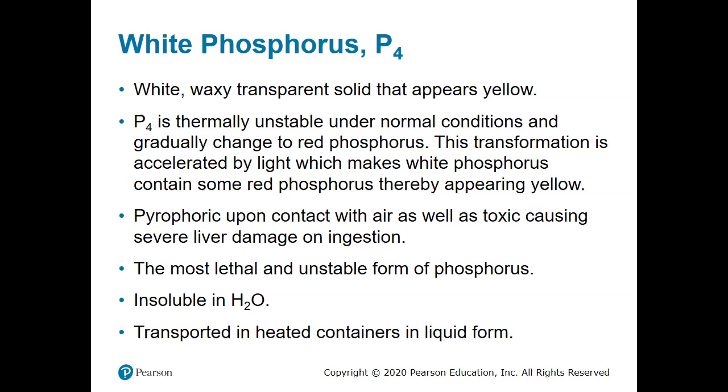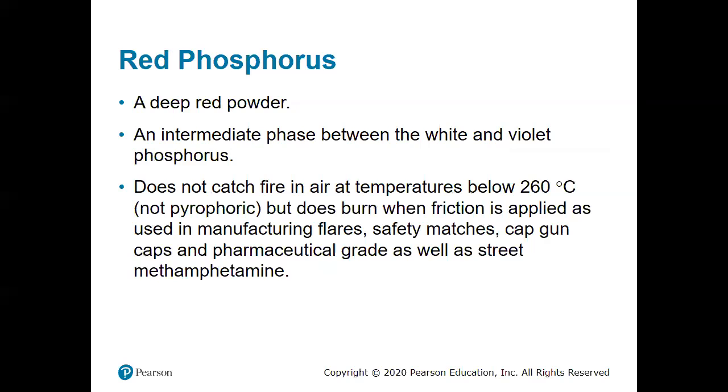Now, by comparison, red phosphorus is going to seem really, really benign. We know red phosphorus as kind of this really dark red powder. We also know that it is the intermediate phase between white and purple or violet phosphorus. On its own, at normal conditions, it is very shelf stable.